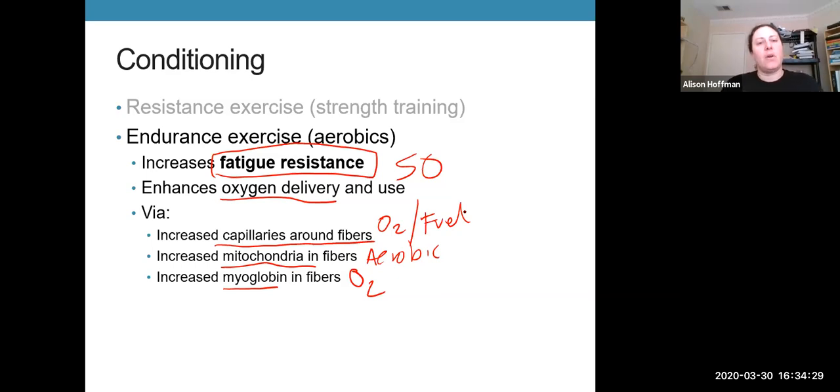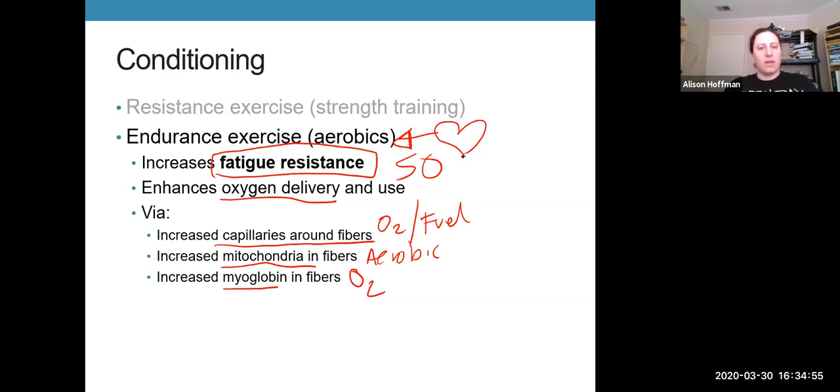Okay, so this is a faster process too, so it's quicker for us to increase our aerobic capacity than it is to increase our strength. It takes a little bit longer to do that. And we're not covering cardiovascular this semester, but this is also applicable to heart muscle.